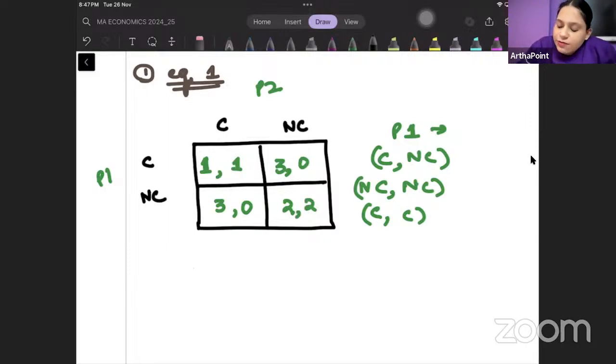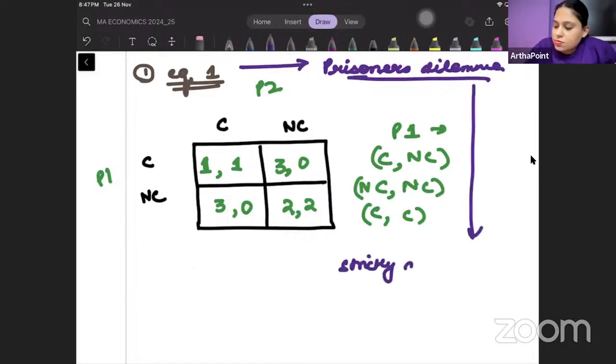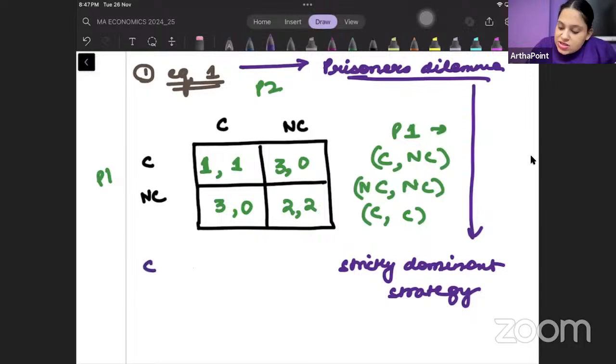We have already seen in classes that whenever it is prisoner's dilemma, we have a strictly dominant strategy. And what is that strictly dominant strategy? When player 2 is committing to crime, what is best for player 1? Best response of player 1? To not commit to crime.